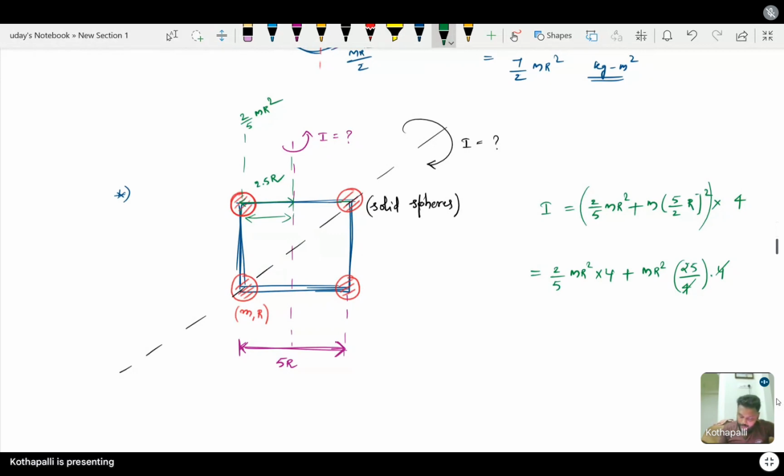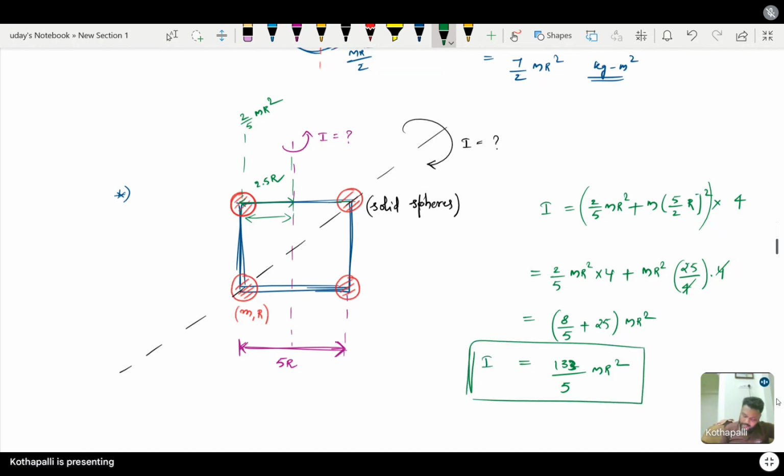So here 2 into 4, 8, 8 by 5 plus here, how much will be? 25. Common out mr square. So 125 plus 8, 133 by 5 into mr square. This is the total moment of inertia. You should have studied the basic formulas.